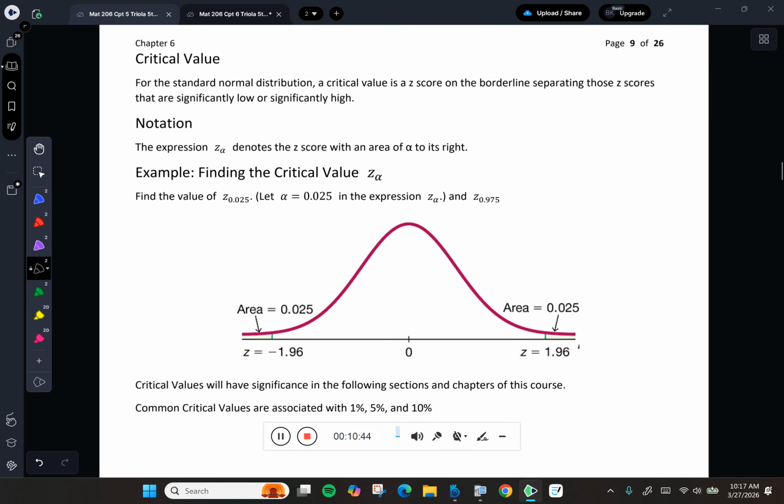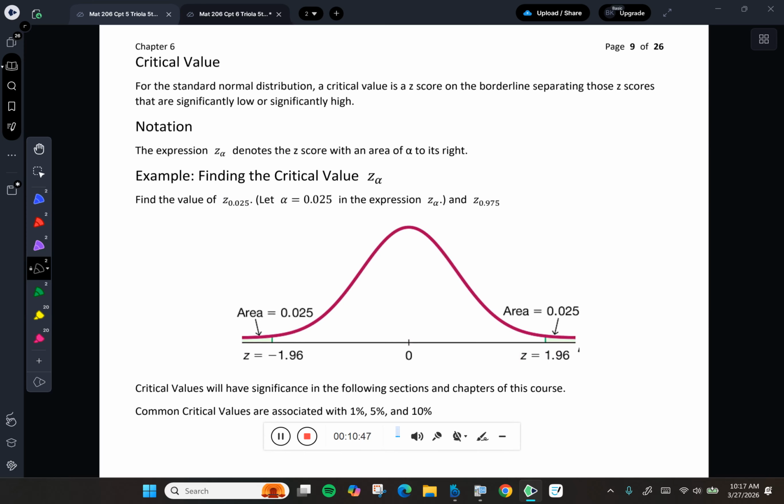Also, some more language and notation. You might see this phrase critical value. When I say might, you will absolutely see this phrase called critical value showing up. A critical value is just a z-score that separates significantly high or significantly low from everything else. We often use this z sub alpha to represent a z-score with the area of alpha to its right.